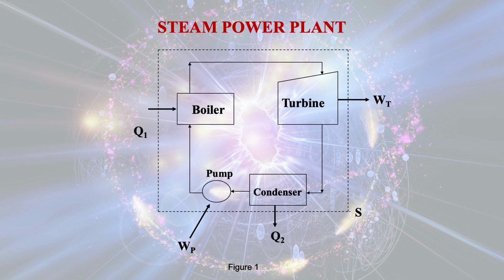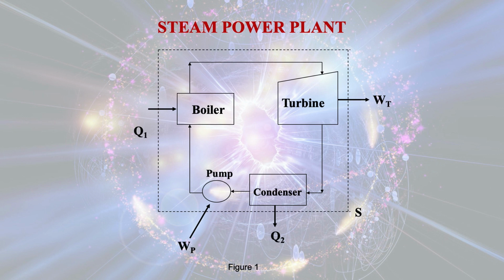Here you see the boiler, which is producing high pressure, high temperature steam due to the heat produced inside the boiler by burning of fuel such as coal, and that heat is being utilized for converting liquid water into high pressure, high temperature steam. The high pressure, high temperature steam enters the turbine and it produces work.